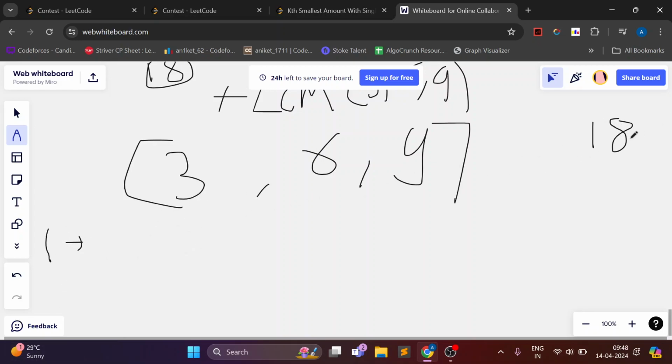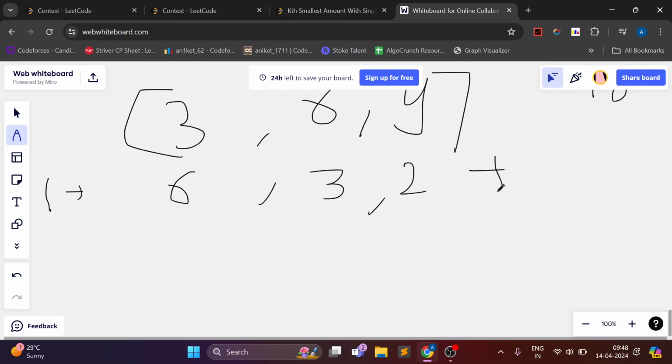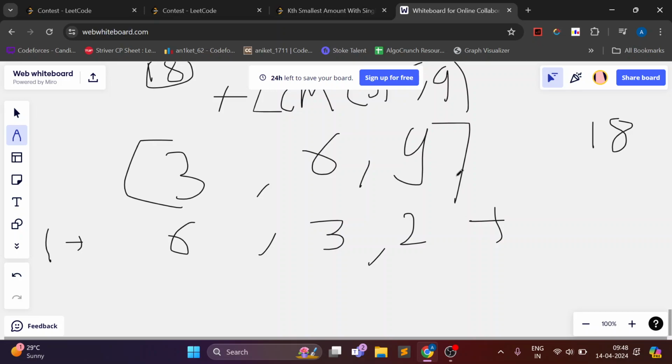Now I have to add multiples of each element. So from 18 to 3, I will add 6. From 18, multiples of 6 are 3, and multiples of 9 are 2. Now the answer comes out to be 6 plus 3, 9, and 11.